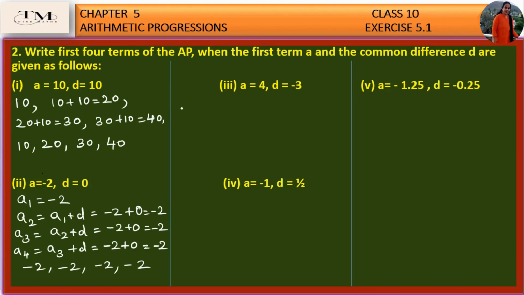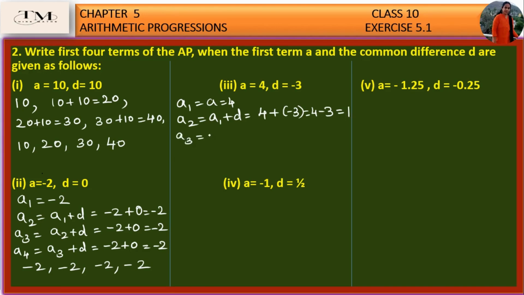For the next one, the first term A is equal to 4. The second term A2 is equal to A1 plus D. A1 is 4, D is minus 3. Plus into minus is minus. 4 minus 3 is equal to 1.